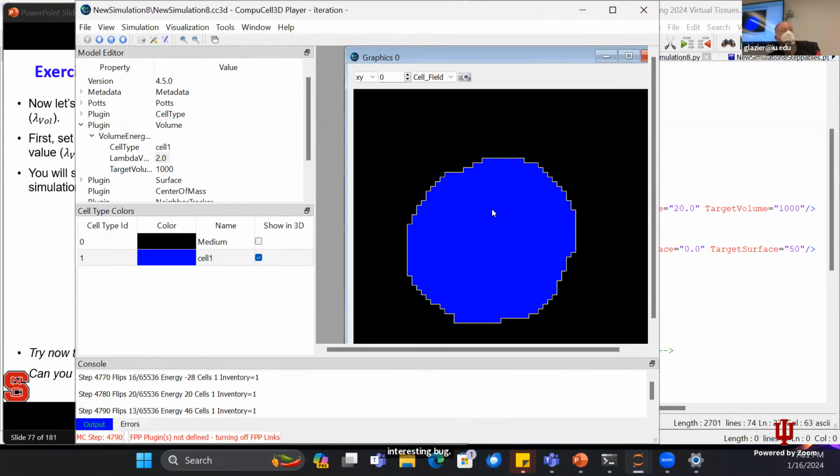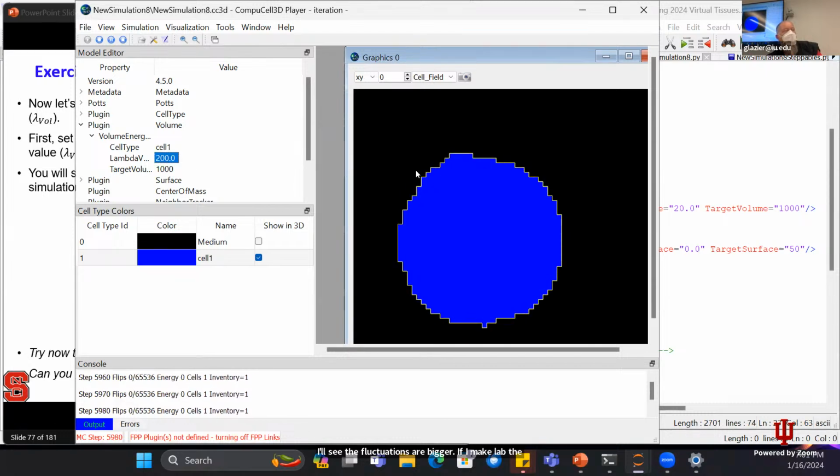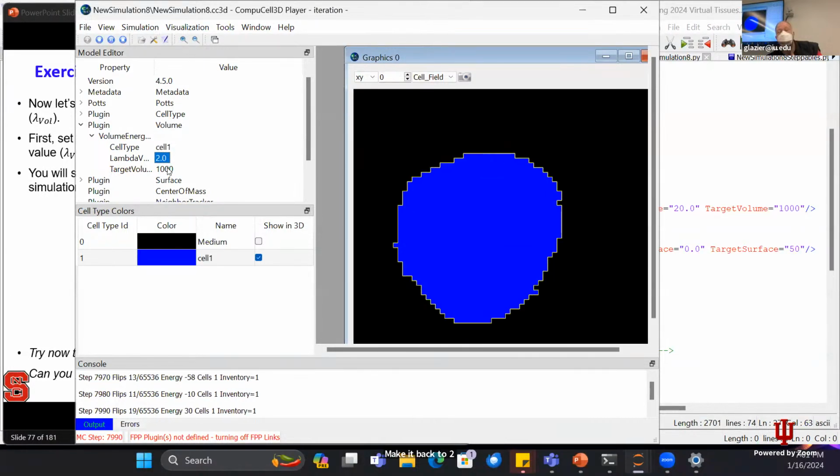I'll see the fluctuations are bigger. If I make lambda volume 200, it'll basically freeze it. Make it back to 2.